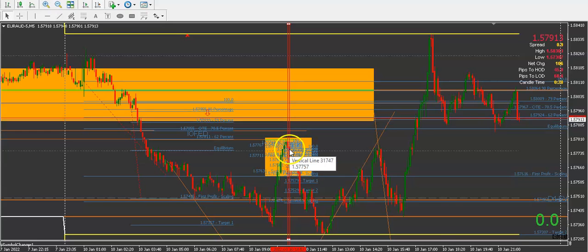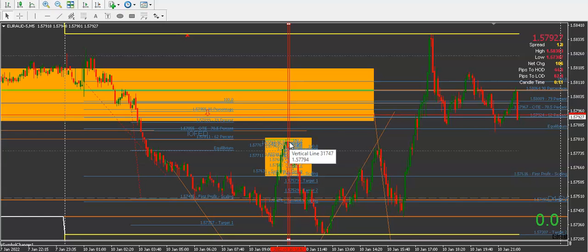And dropping the fib on the range of the third candle, sometimes on a swing within it, and then getting in at a fair value gap and some sort of PD array on the pullback. You can get in on the pullback.